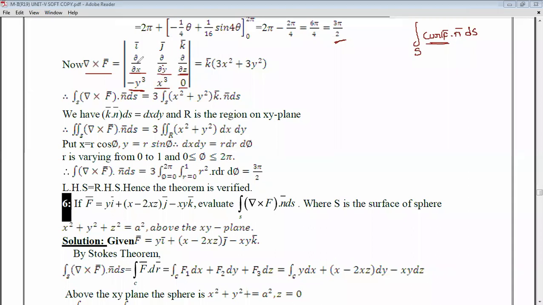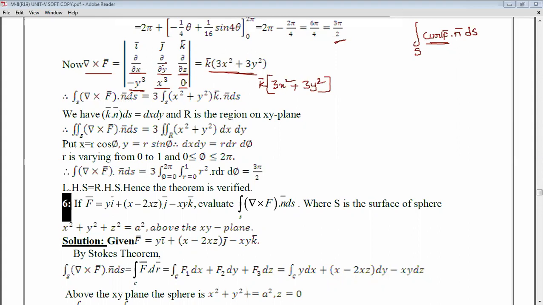Coming to J, dou by dou x of 0 is 0, dou by dou z of y cube is also 0. And now coming to K, dou by dou x of x cube is 3x square, and dou by dou y of y cube gives plus 3y square. So here they wrote k into 3x square plus 3y square.